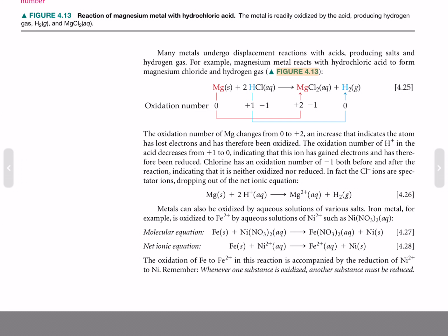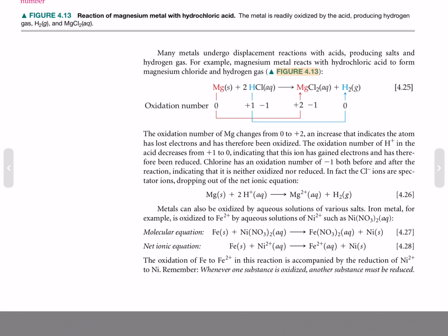The salt, magnesium chloride, with chlorine being a halogen, is -1, so there are 2 -1s, magnesium is +2 to balance, and hydrogen gas as an element is 0. The oxidation number of magnesium changes from 0 to positive 2, an increase that indicates the atom has lost electrons and therefore has been oxidized.